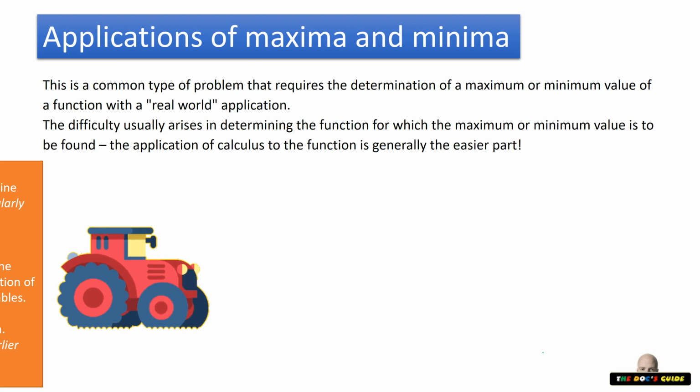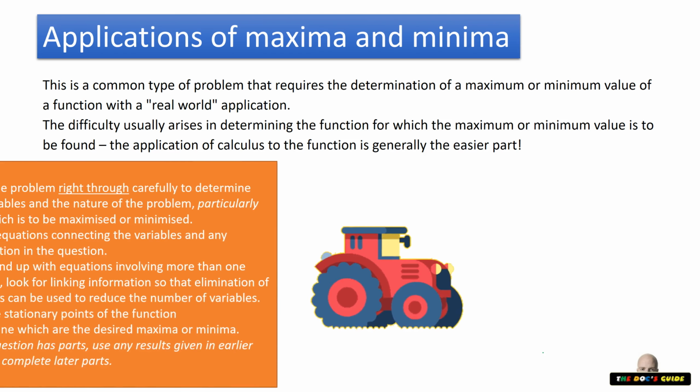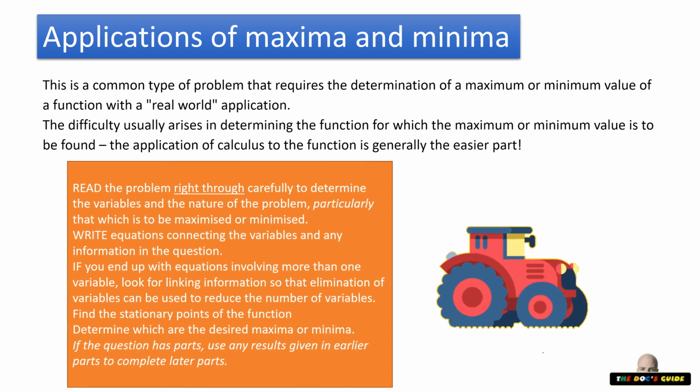The hardest thing about these problems is not the calculus, it's usually the algebra in setting up the function for which we want to find the maximum and minimum. So there has to be some sort of procedure which we can apply, and it usually involves reading the problem really carefully all the way through to determine what the variables are, the nature of the problem, and particularly keep your eyes open for the thing which is to be maximised or minimised, because this will give us a clue as to the structure.